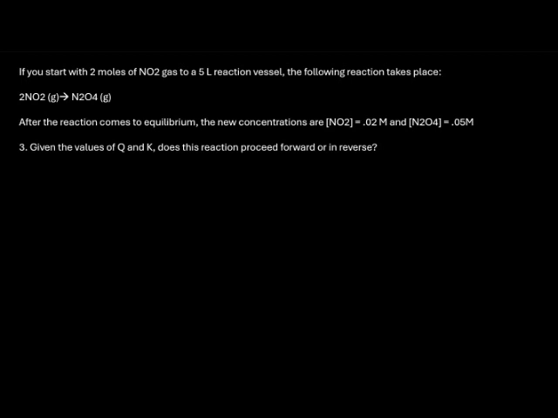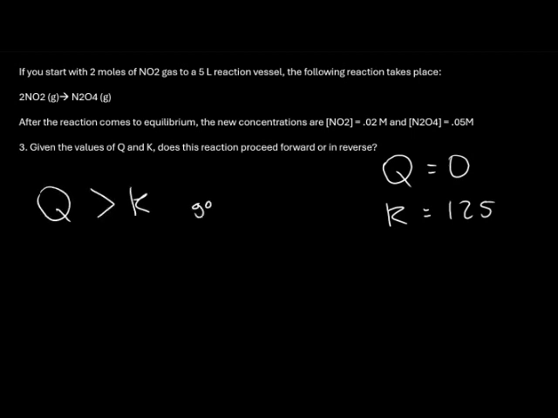Now we will compare the values of Q and K to determine if the reaction proceeds forward or in reverse. Remember that our Q value was 0, our K value was 125, and we'll use the following guidelines to find which way the reaction proceeds. If the Q is greater than the K, we will react in reverse, also known as reacting left.